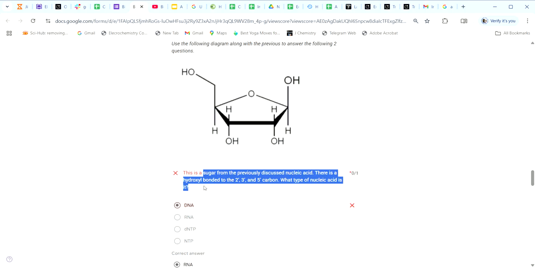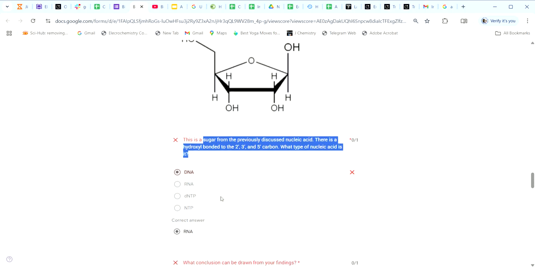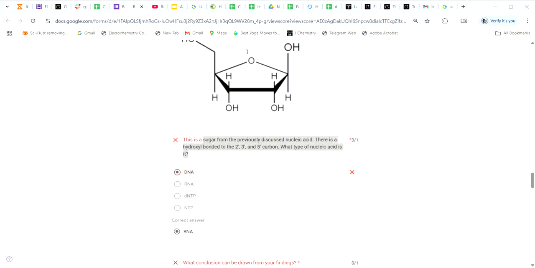So the correct answer will be RNA. This is the structure of nucleic acid.